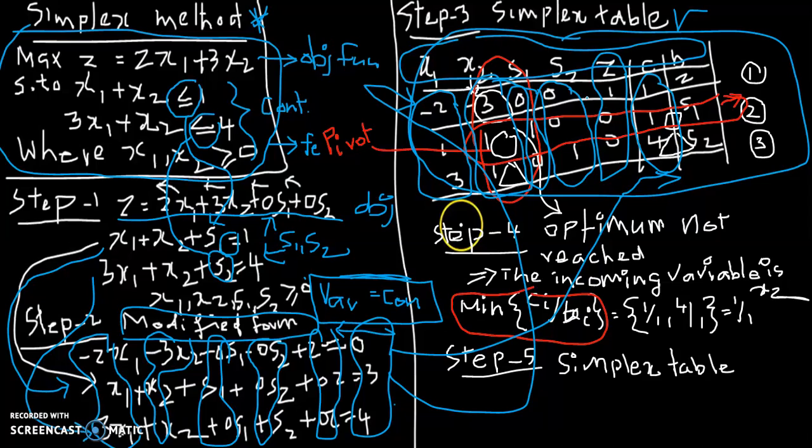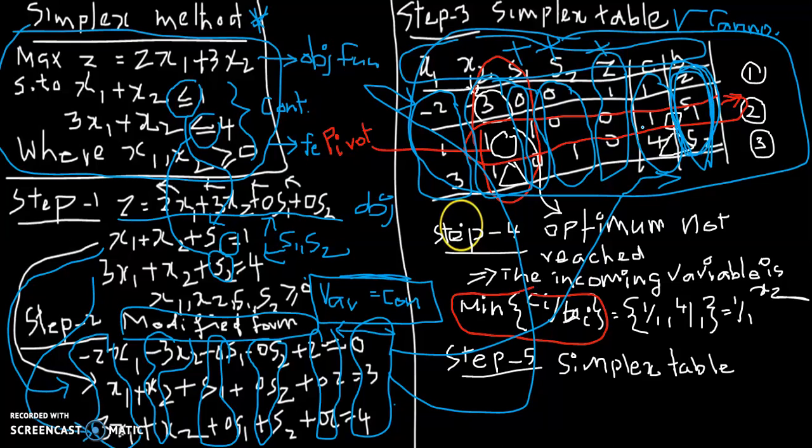Now some variables are in canonical form. Which are in canonical form? s2, z, and s1. These canonical form variables are written as the basic variables.